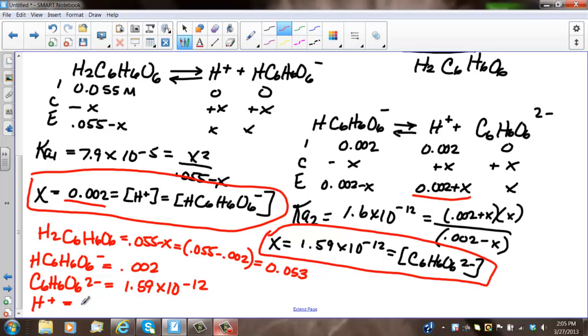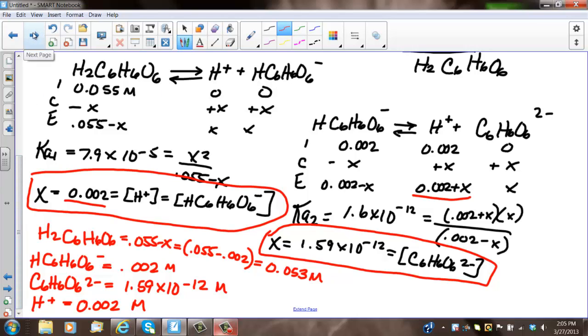For all purposes, it's going to be 0.002. And these are all molarities. And hopefully I didn't make any math mistakes. If I did, I'm sure you'll let me know about them.